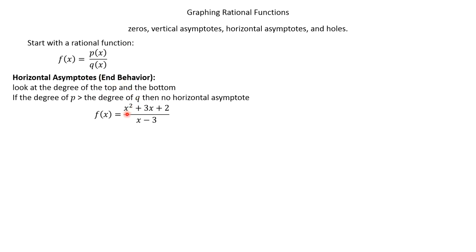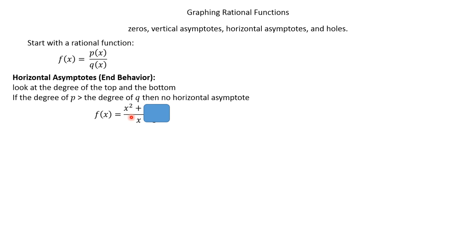As x gets really, really big, this x squared gets really, really big, and this x really doesn't mean anything, neither does this 2, or that negative 3. All of these mean less and less and less as x gets really big. So as x is going to infinity and negative infinity, we end up with x squared over x, which could reduce to just f of x equals x.